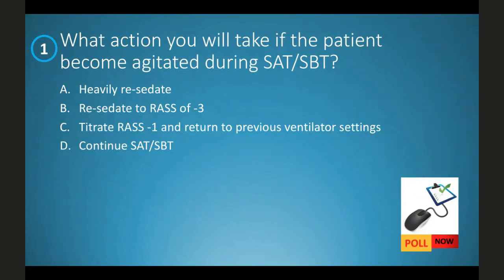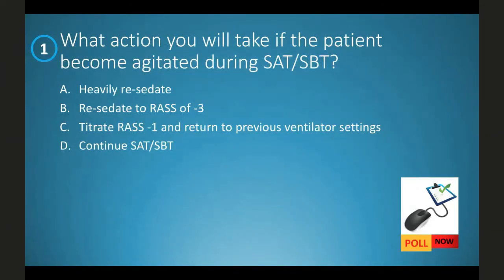One more thing: during weaning, if an SBT fails, you have to check whether it is due to an acute cause like a fever or a painful procedure. In that case, you can reattempt the SBT later on the same day itself. Otherwise, you attempt on the next day. So you down-titrate the sedation as much as possible. Do not over-sedate just because the SBT failed.